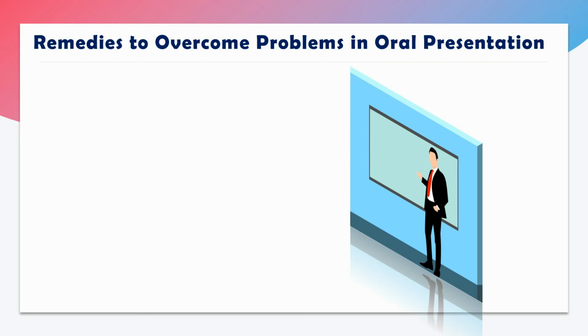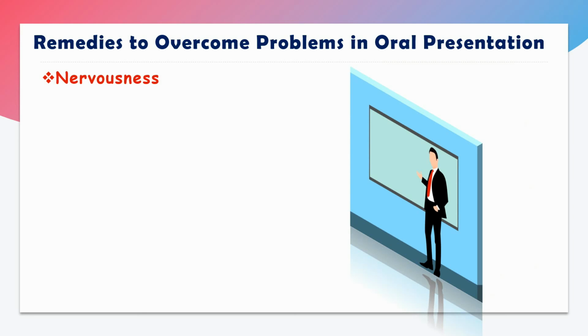Now we will see the remedies to overcome the problems in oral presentation which we might face while giving the presentation in the public. The first is nervousness. Nervousness is faced by every person whenever he or she is giving an oral presentation in front of a large public.